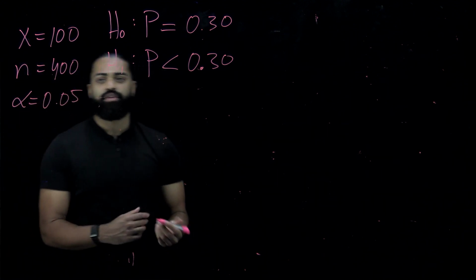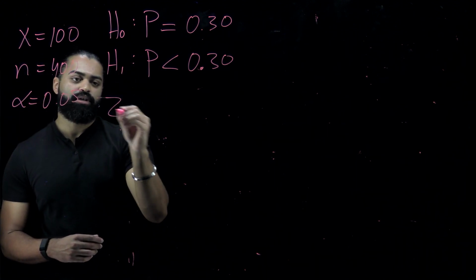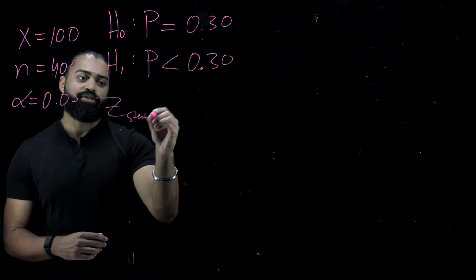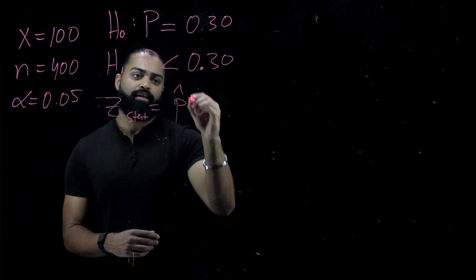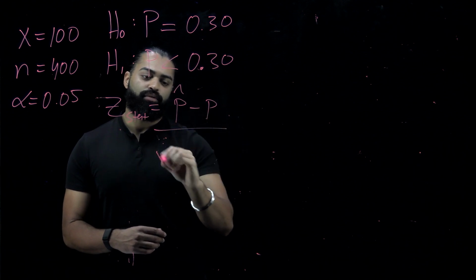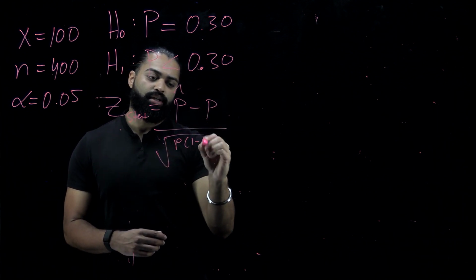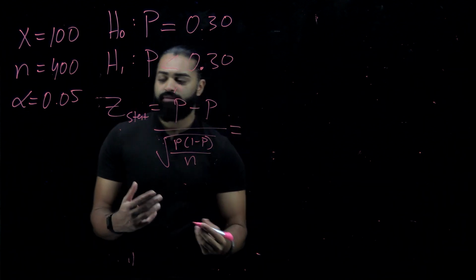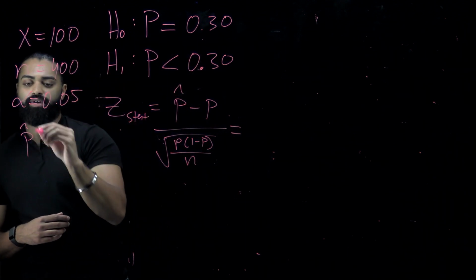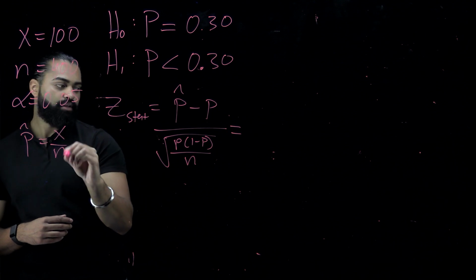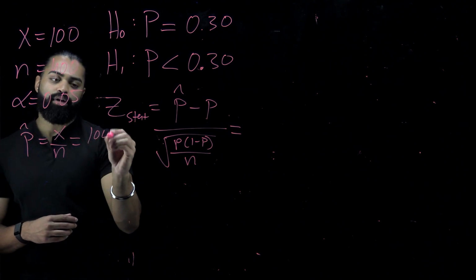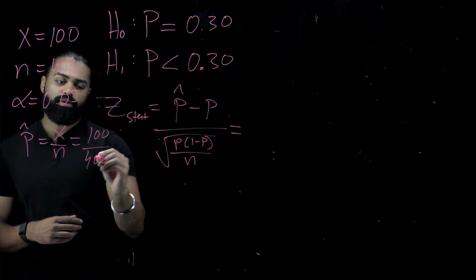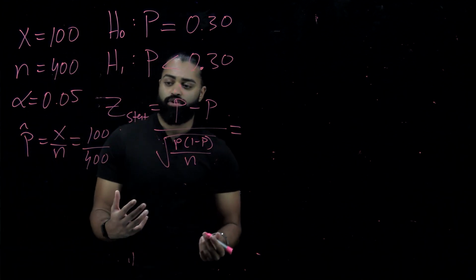So the first thing for the rejection region is your z-stat. Find your formula. It's p hat minus p over the square root of p(1 minus p) over n. The way I find my p hat is x over n. So 100 over 400, and you should get 0.25.